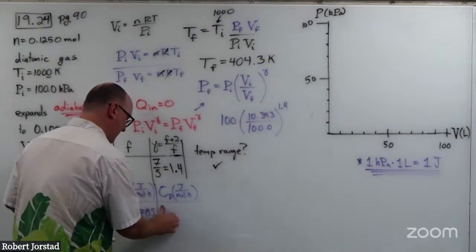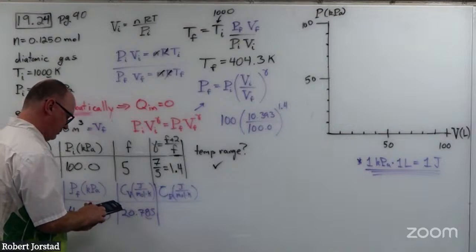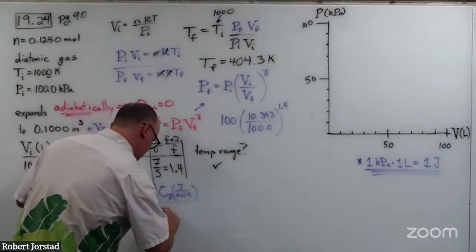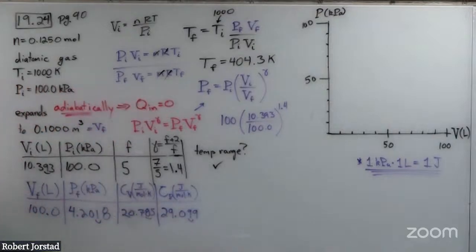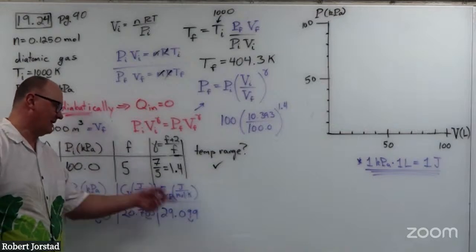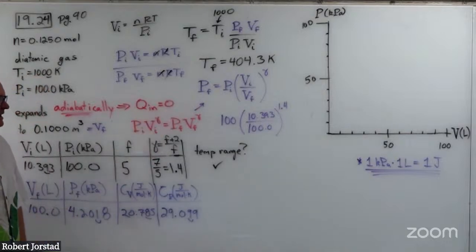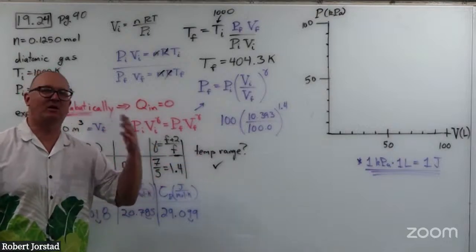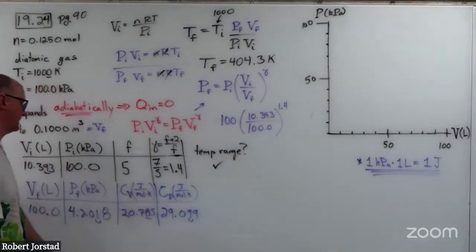I want to check it, let's just do it. 20.785 plus 8.314, 29.099, good. And you probably are smart enough to realize, wait a minute, I don't even need this one. This one can sometimes come in handy because we can use our shortcut. But this one, we don't have any constant pressure on this particular process. This comes in handy if you have cycles where maybe one process is adiabatic, one's isothermal, one's isobaric, and one's isochoric. But here, we don't even need this. I didn't need to bother with that.